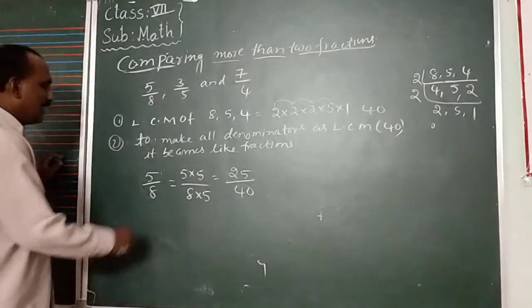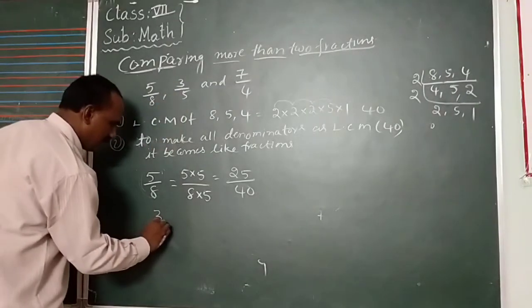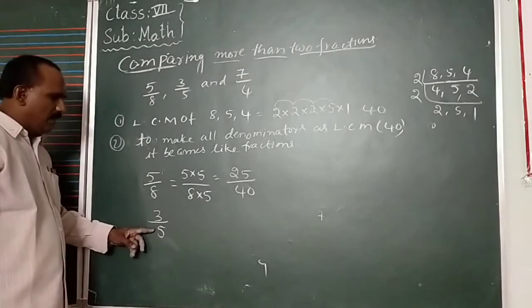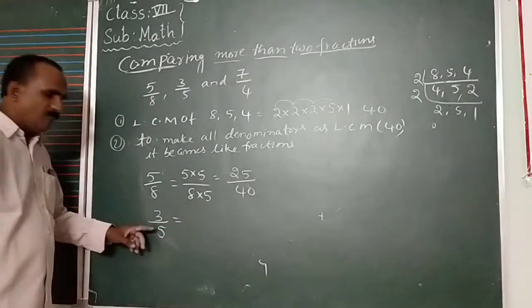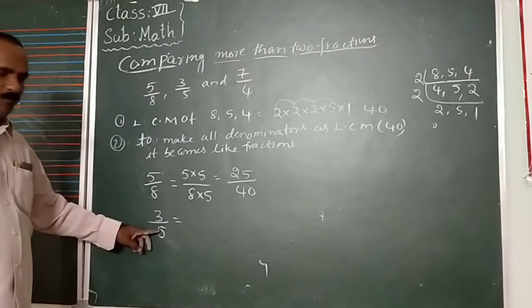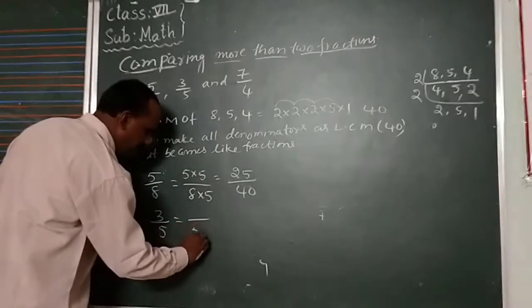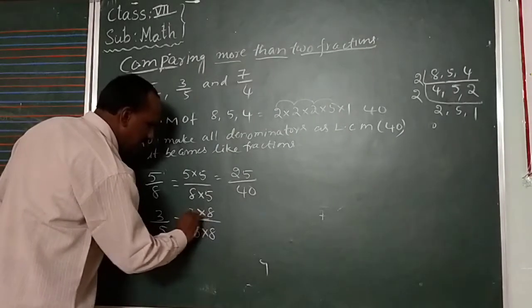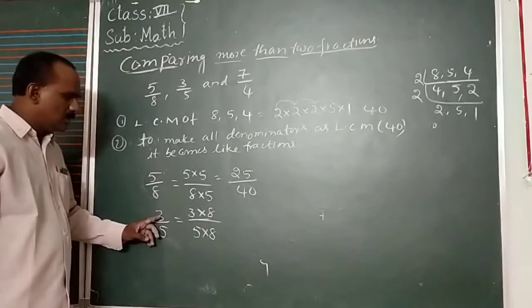Next, the second one, 3 by 5. What is the denominator? 5. You want to make it 40. What number should multiply with 5 to get 40? That means 5 into 8. Why am I multiplying 3 also by 8?